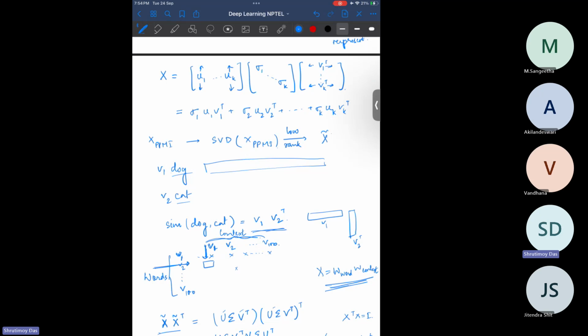We take the representations from W word, whether from word2vec, the SVD based model, or GloVe, and then check the dot product of those two words. If it is high, close to one, we are satisfied and say that the representations that have been learned are good representations.